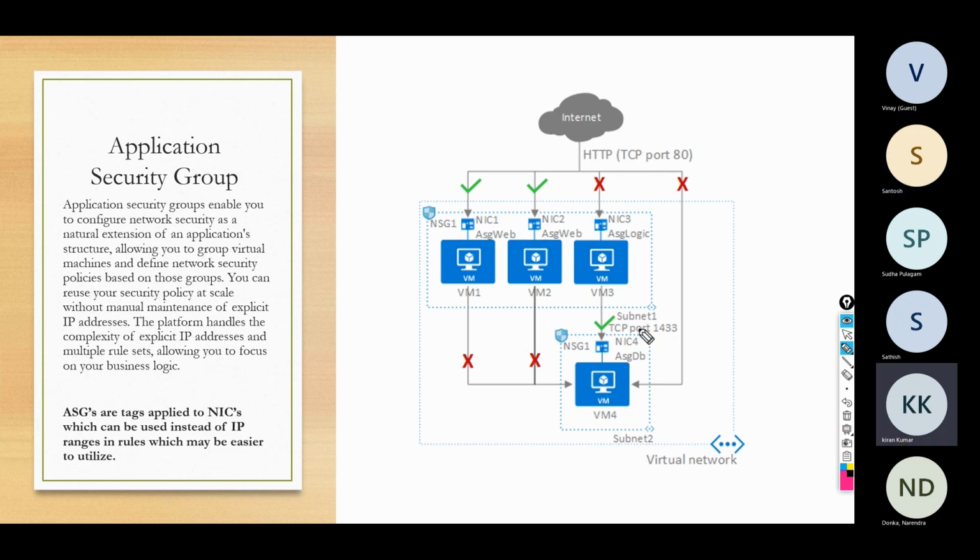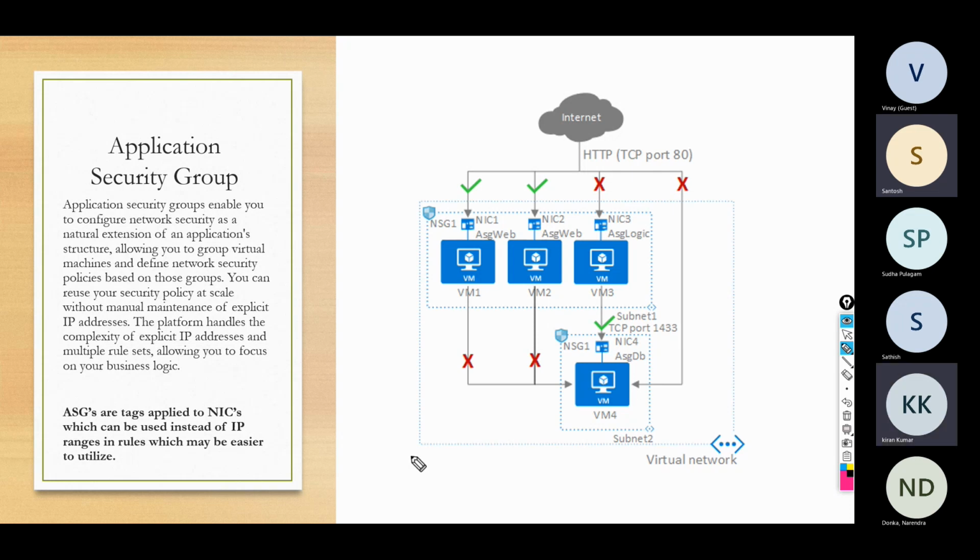It is an inbound rule. Is it allowing all the virtual machines? No, only two VMs, VM1 and VM2. They created the rule inbound as allowed, and in outbound they blocked.